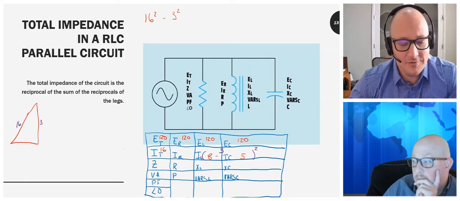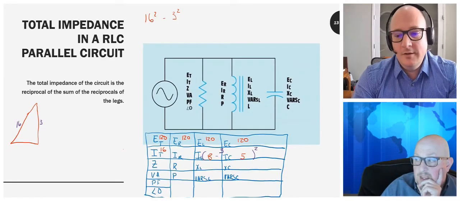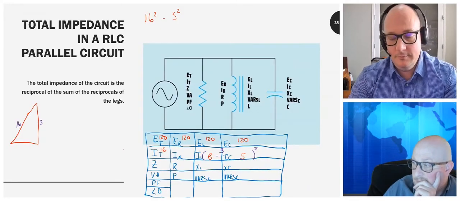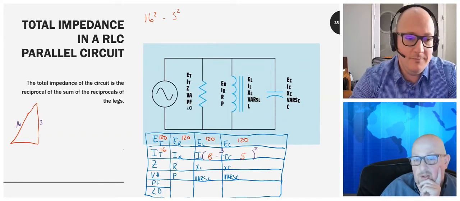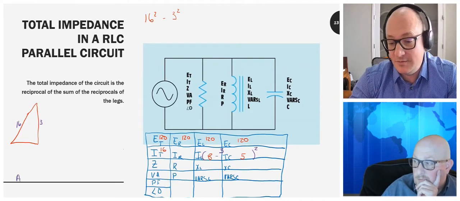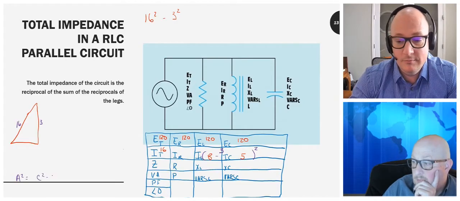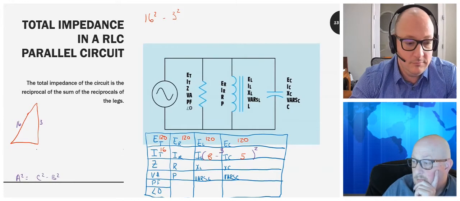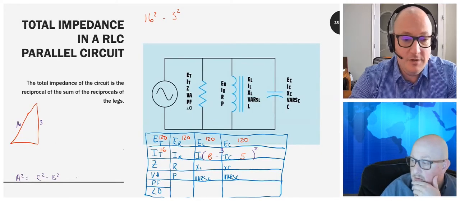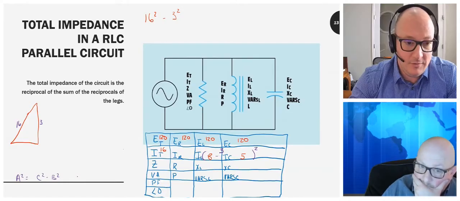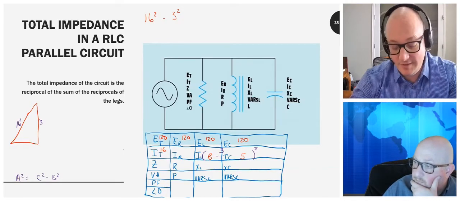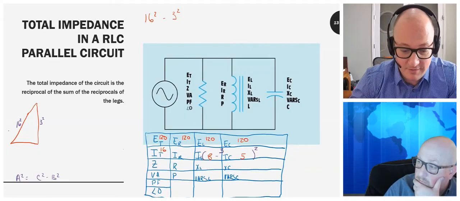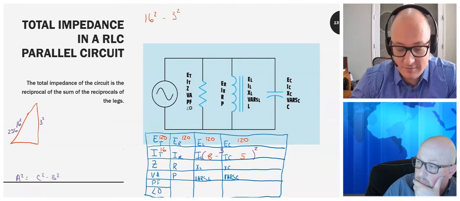Now we got to solve for the resistance. So I do that with what formula again? Is this what I do? A squared is equal to C squared minus B squared. Three? Yep. So we know 16 squared is 156, if memory serves me the last time we did it. 256.